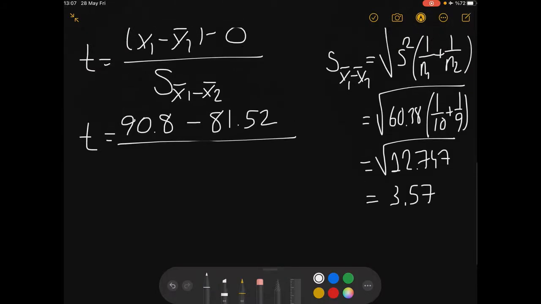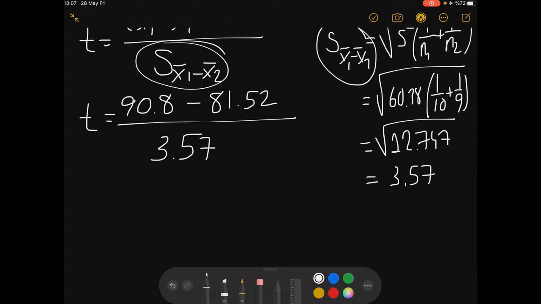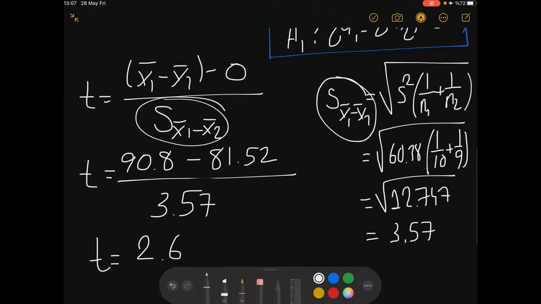Okay, this is what we're curious about. Here is the combined standard deviation, and the t result will give you 2.6.